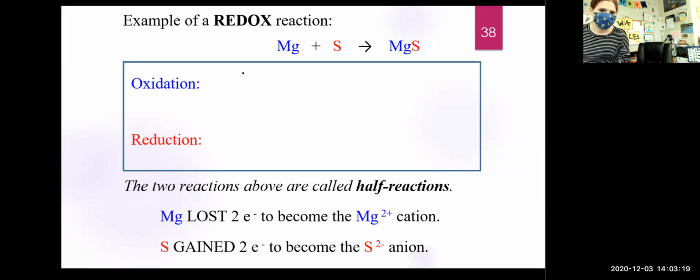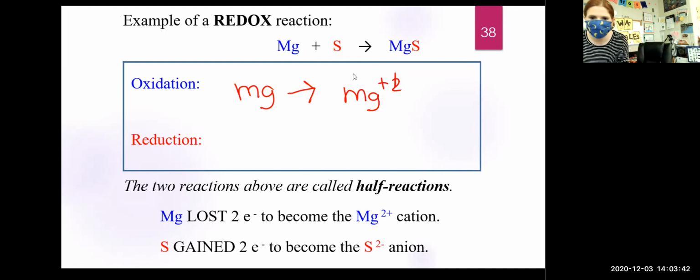So is this one already written for y'all too? I'll write it in. Here we go. So this is what happens with our oxidation. You've got Mg, and it will yield Mg with a positive charge. Oops. That's supposed to be a 2. Positive 2 and 2 minus 2e, 2 minus electron.